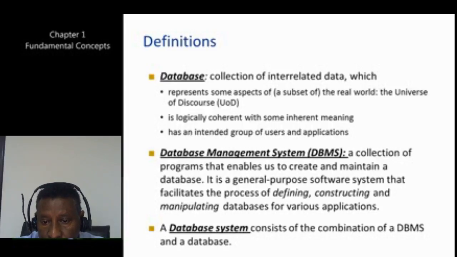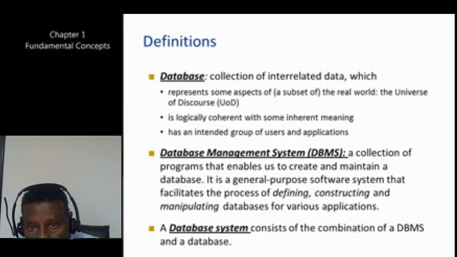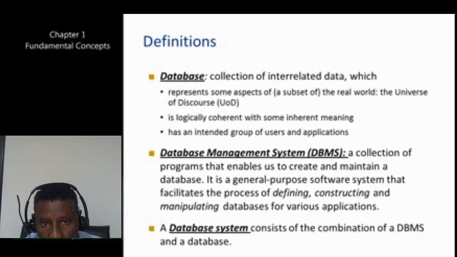So it's like a general purpose software system that is going to facilitate the process of defining databases, but also constructing and manipulating databases. When we say manipulating databases, we mean that it will allow us to insert new information into the database, register new students, for example. It will also allow us to update information in the database, update the marks of a student, for example, or remove information from the database, for example, removing a course which is no longer offered.